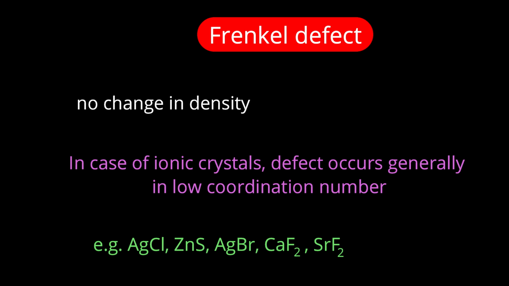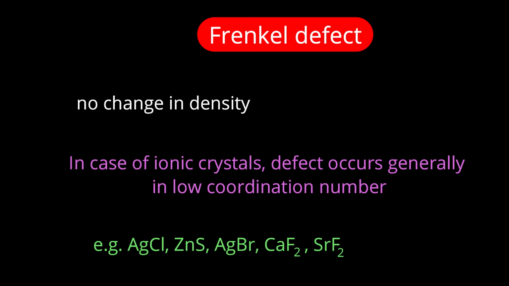This defect occurs for small ions. Means if I consider a cation, a small cation means the radius ratio should be low. Means for low coordination number compounds, especially, this Frenkel defect is observed. The examples are silver chloride, zinc sulfide. Few compounds show both defects, Frenkel defect as well as Schottky defect.